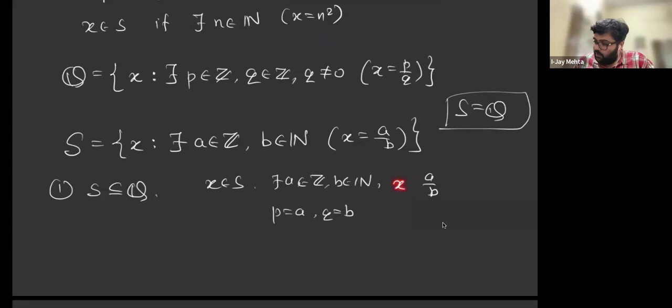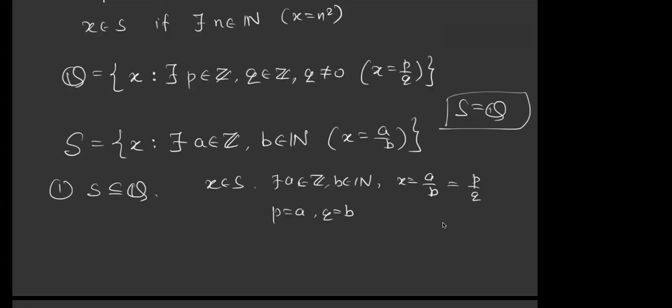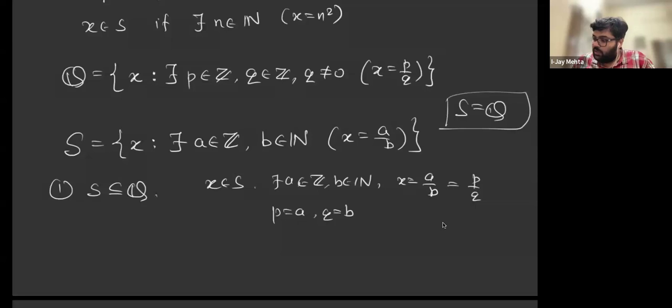So I can write x is of the form P upon Q, where P is an integer, since P equals A. What about Q? Q equals B, and B was a natural number, so B is also an integer. So P is an integer, Q is an integer. The third condition was Q should not be 0.